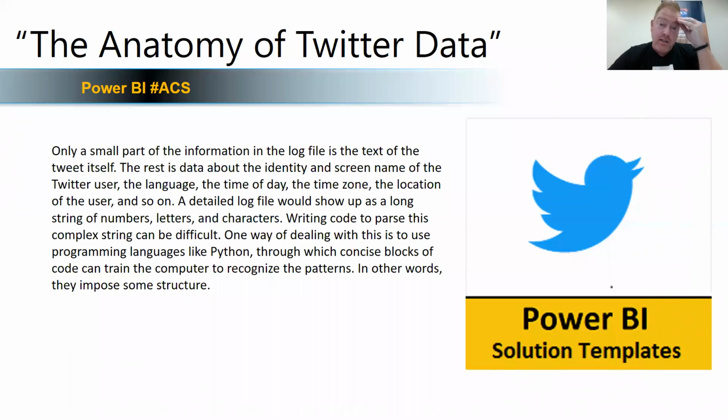The rest of the data is actually quite structured, and so it's about the identity of the tweeter, their Twitter handle, the time of day and the time zone and the location, and that sort of thing.